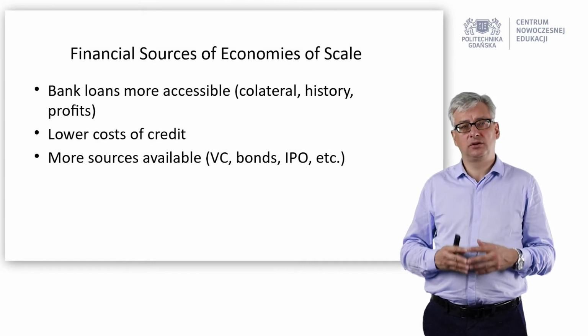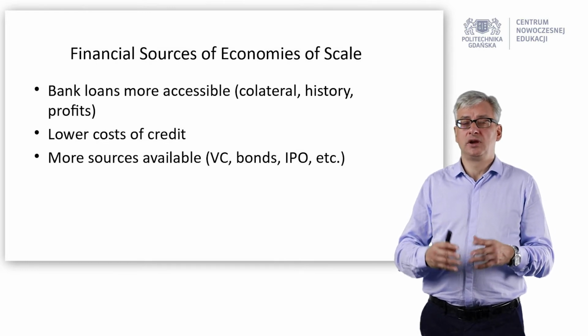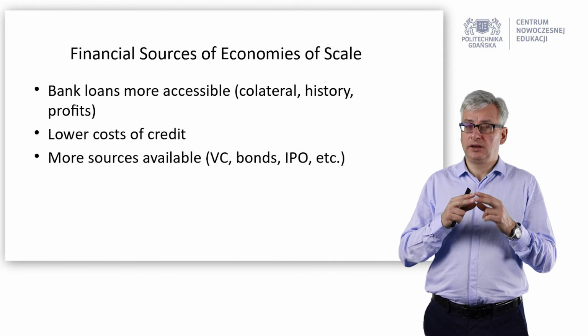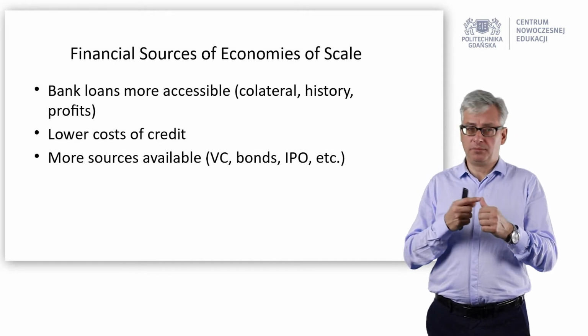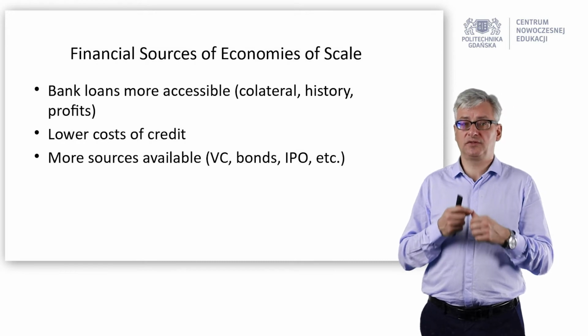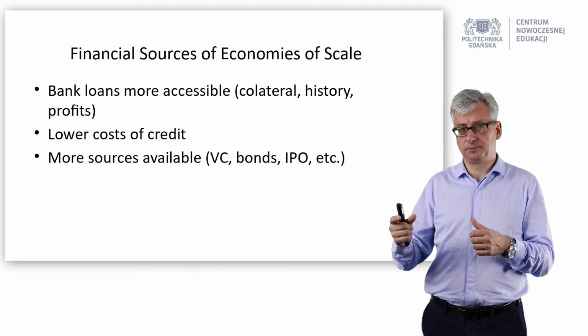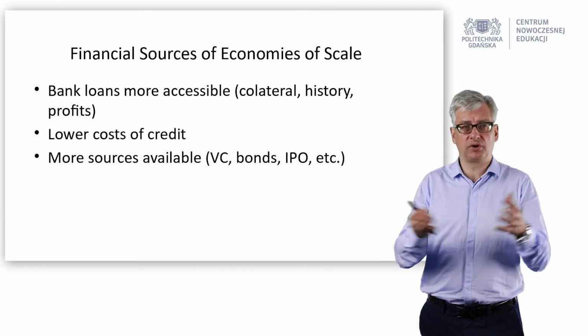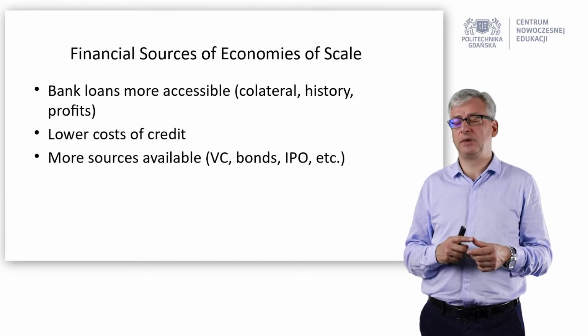Certainly, bank loans are more accessible for big players for a number of reasons. First of all, for a big business, it is easier for the bank to find collateral for the loan. They simply have more assets, right? And those assets could be collateral for the bank loan.